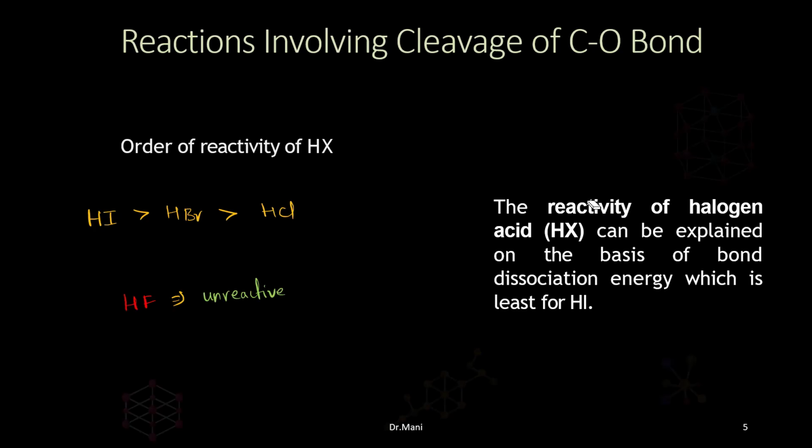Okay, so why? The reactivity of the halogen acids, that means HF, HCl, HBr, HI, is explained based on bond dissociation energy. Okay, so what is the meaning of bond dissociation? Suppose there is a hydrogen and an iodine, they have a bond between them. So what kind of bond is present here?